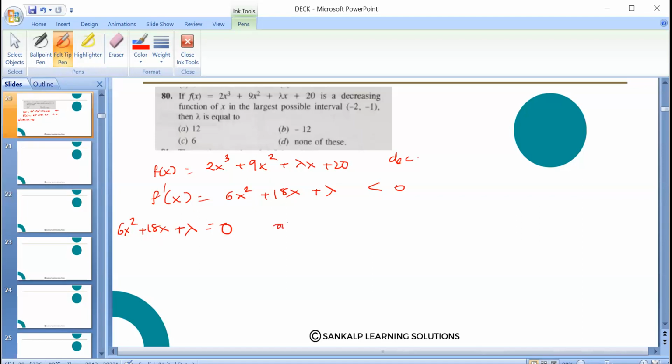So this has roots on the interval -2 to -1.